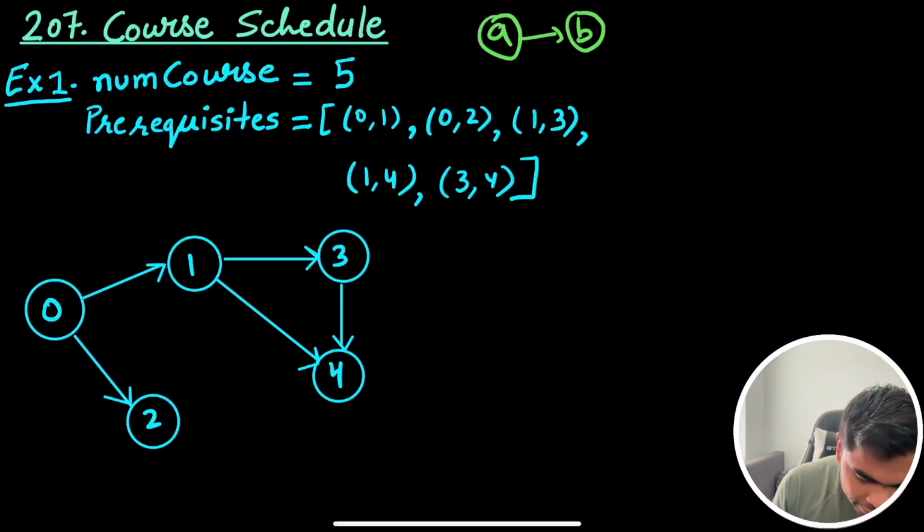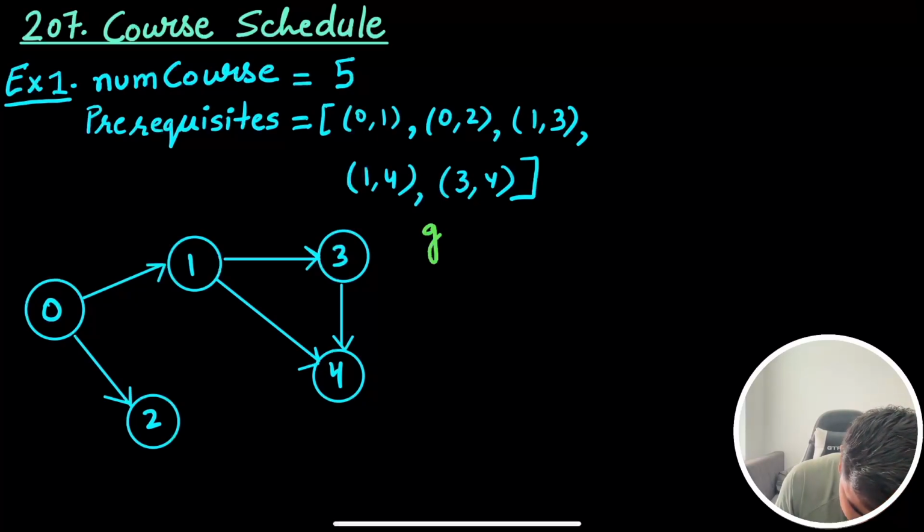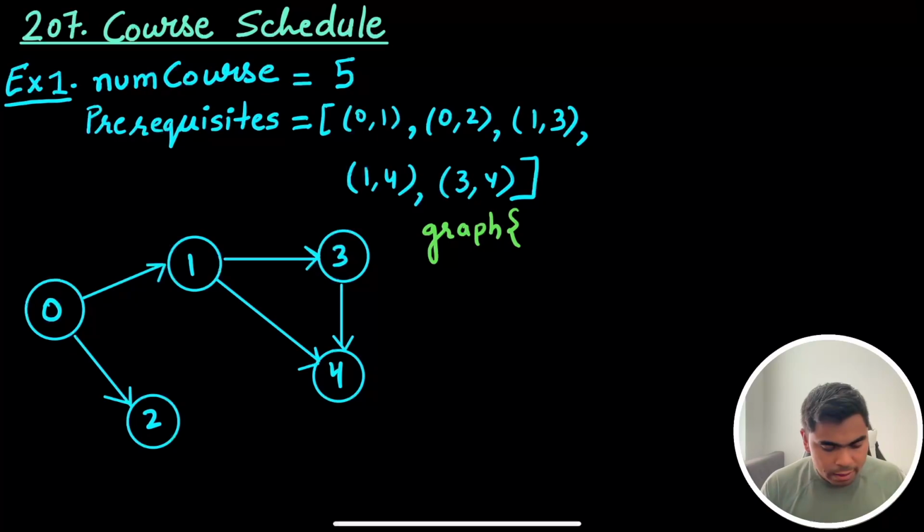First we'll create a graph that will hold the adjacency list. I'll have a graph that will store all the neighbors of each node that we have.